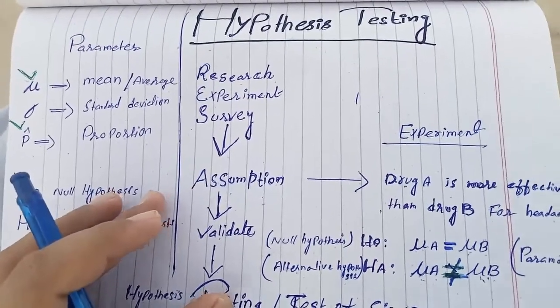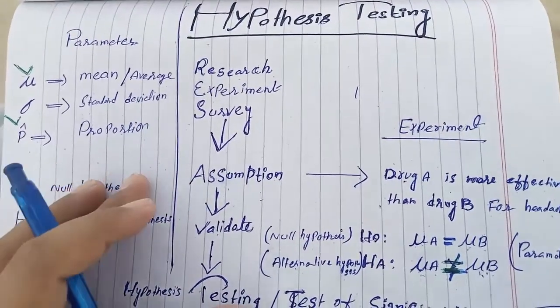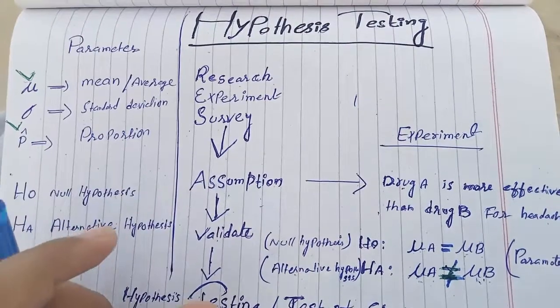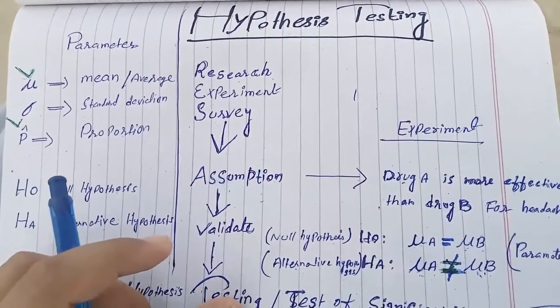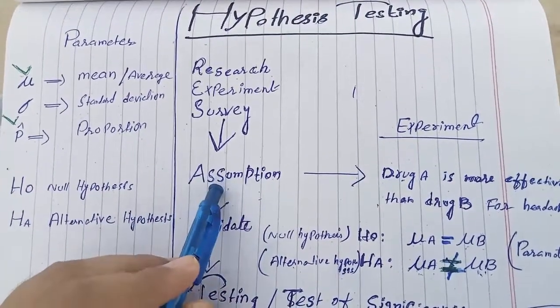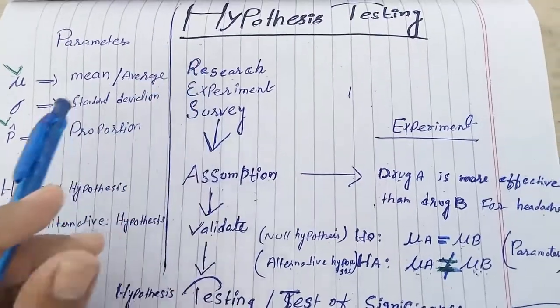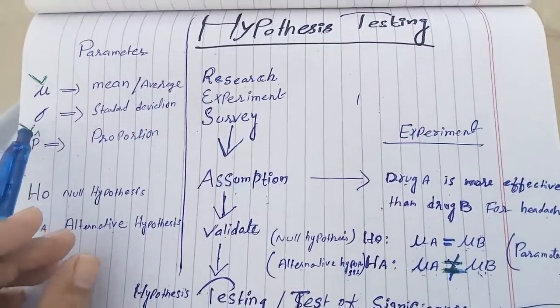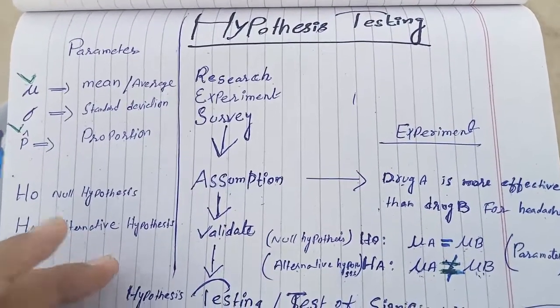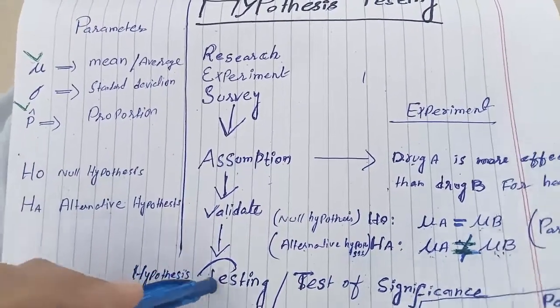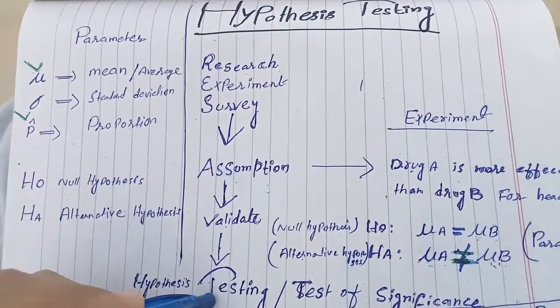So basically, statistics provides us tools that we can use to validate the assumptions of any experiment, research, or survey. These tools are known as hypothesis testing, right?